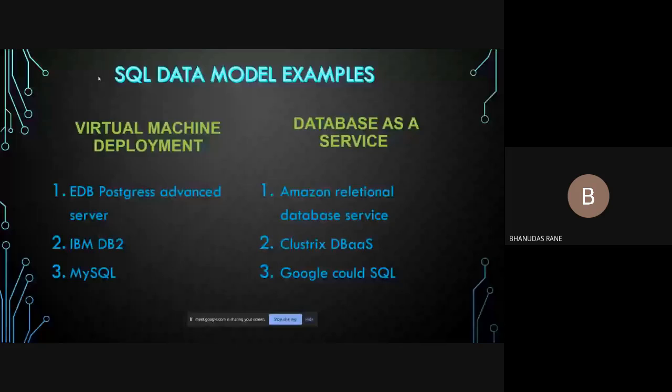And if you use database as a service, then first is Amazon Relational Database Service, then Clustrix Database as a Service, then third is Google Cloud SQL. These are the three databases used when we use the SQL data model in the database as a service deployment method.